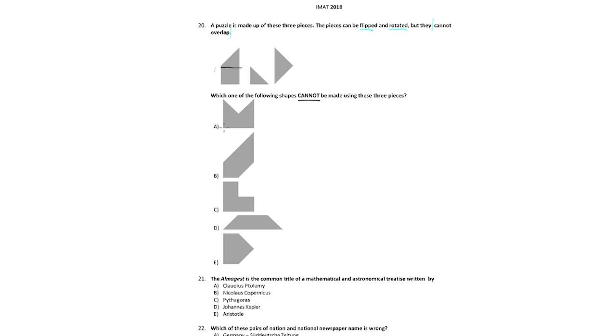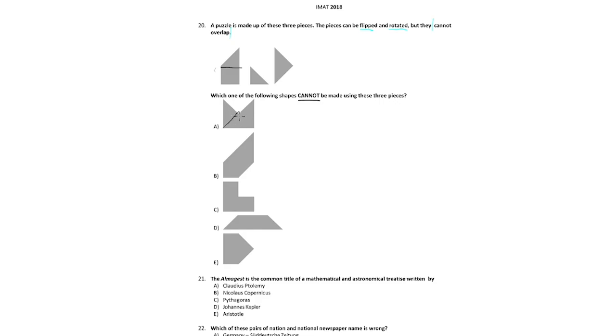So in this case, for example, we can see that this piece can be this one. So this piece can be this, and this piece over here can be represented.